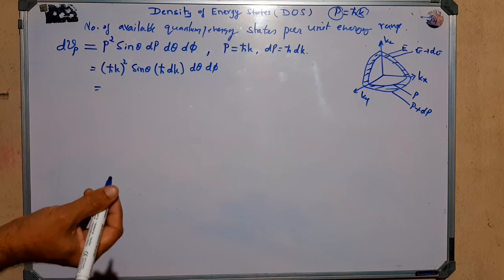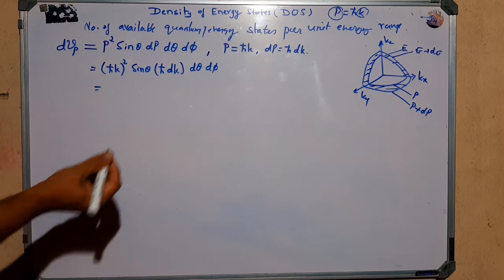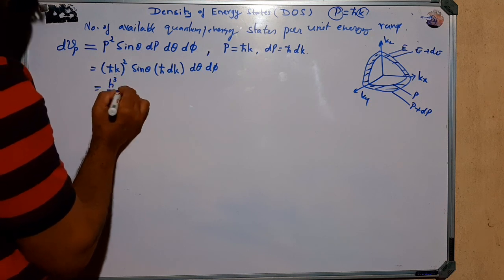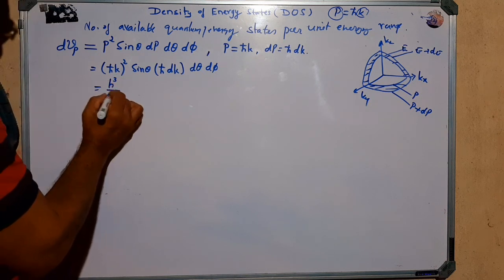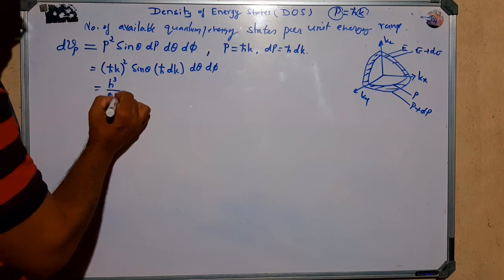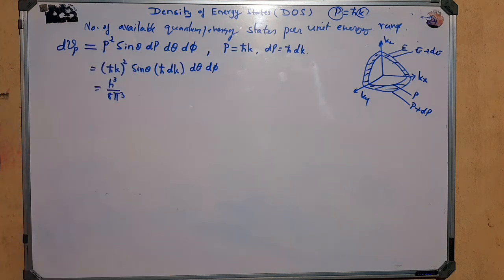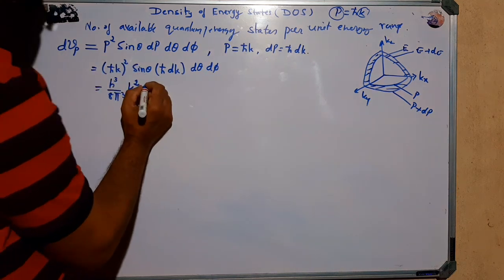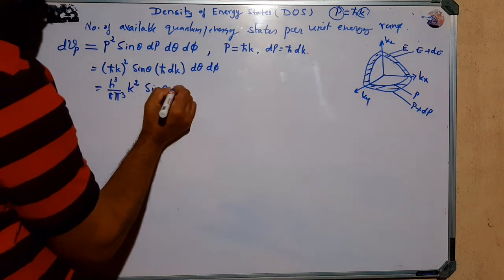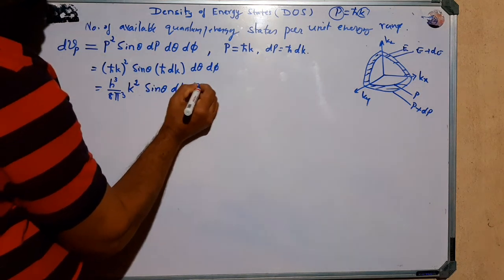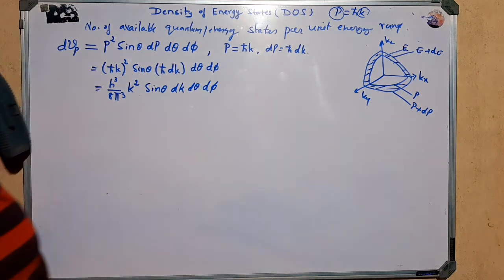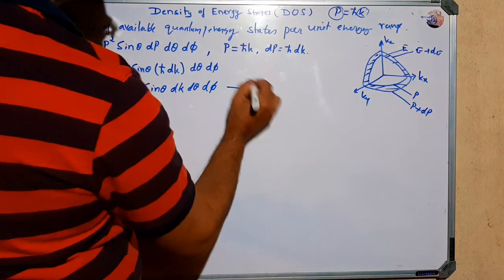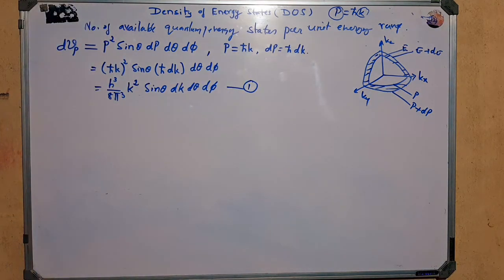H cross is nothing but h by 2 pi, therefore h cube divided by 8 pi cube, that is 2 pi into 2 pi into 2 pi, into k square sin theta dk into d theta into d phi. I am calling this equation number 1.